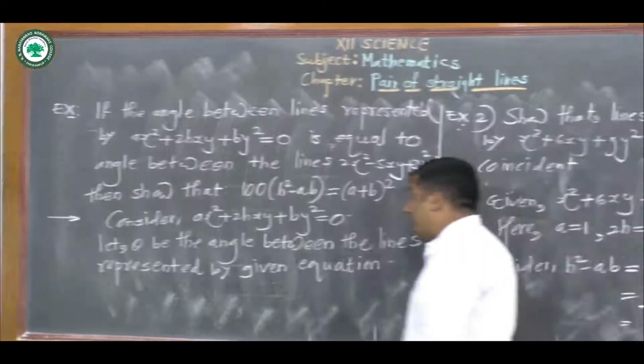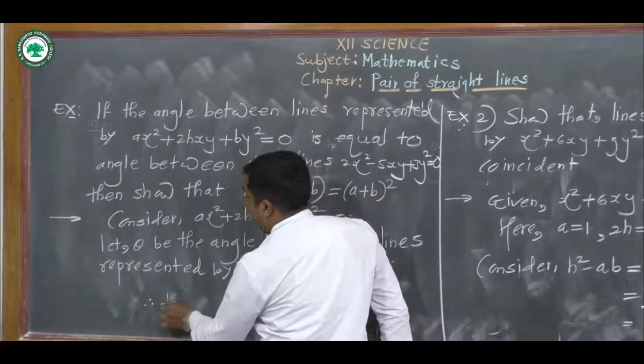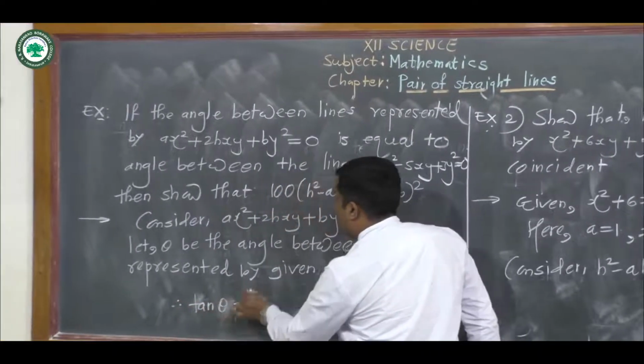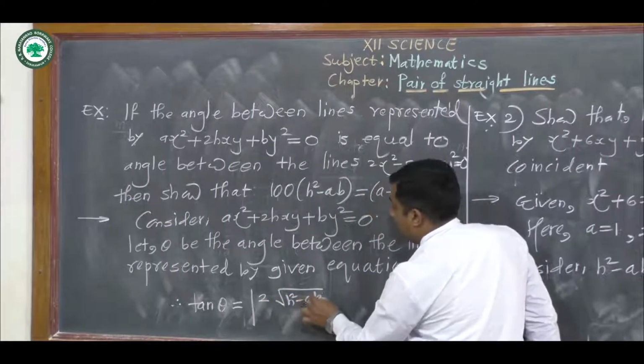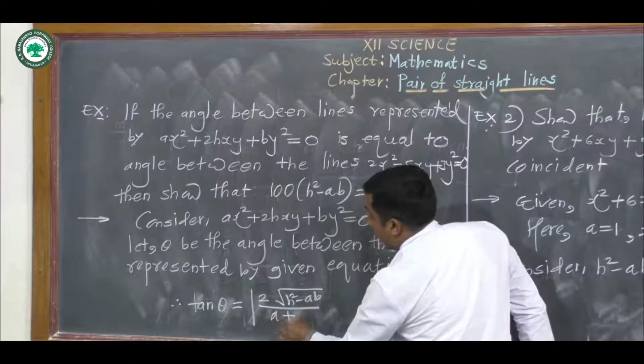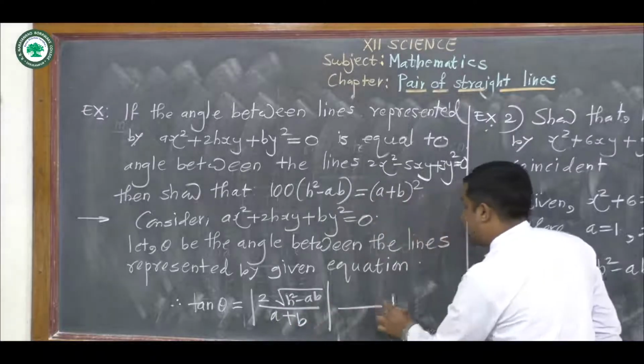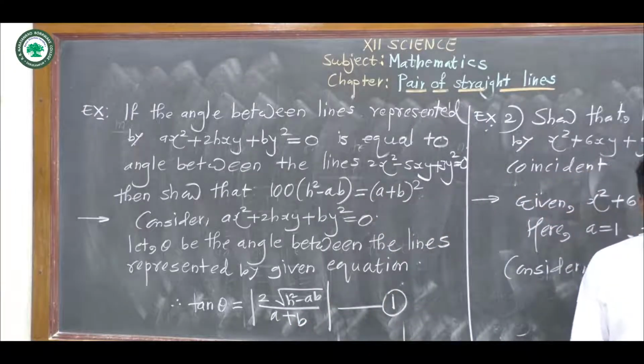If theta is the angle, here we get tan theta is equal to, inside the mod, 2 into square root of h square minus ab upon a plus b. Now let us consider this as 1.